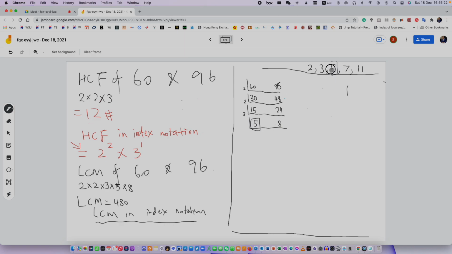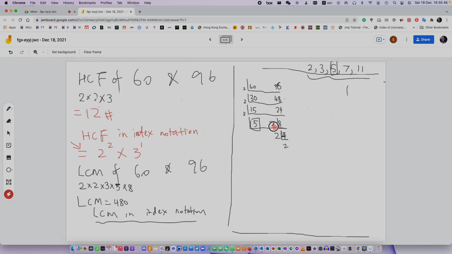So 5 is a prime number, but 8 is not a prime number. So you need to continue for the 8. You put a 2 here, you get 4. And then you put a 2 here, you get 2. Can you see that I never put the 2 here, because the 2 is not divisible by 5?